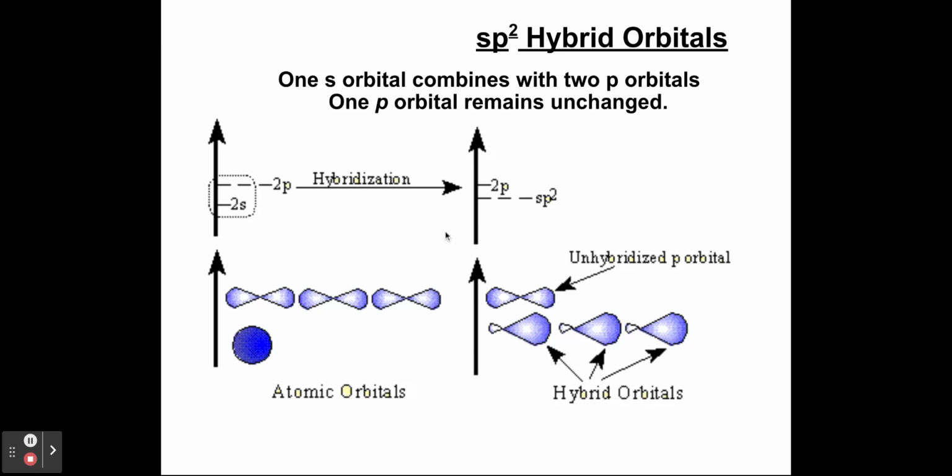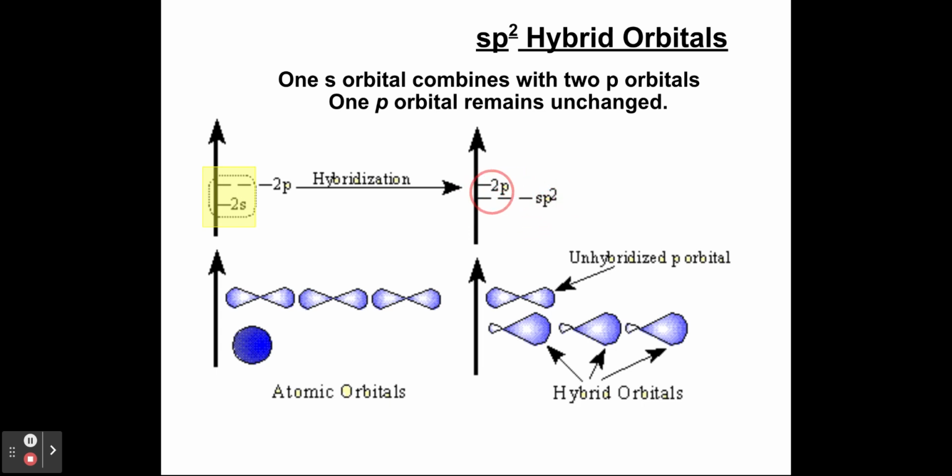So these 3 orbitals here, the 2s and these 2p orbitals, you're going to hybridize those. Since you're taking 3 unhybridized orbitals and making hybrid orbitals, you're going to get 3 sp2 hybrid orbitals. And again, these 3 orbitals are going to be involved in bonding and lone pairs.